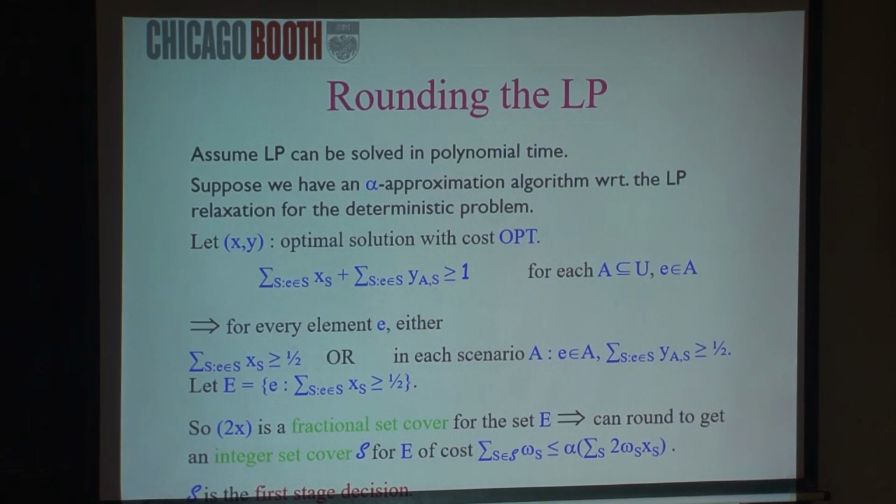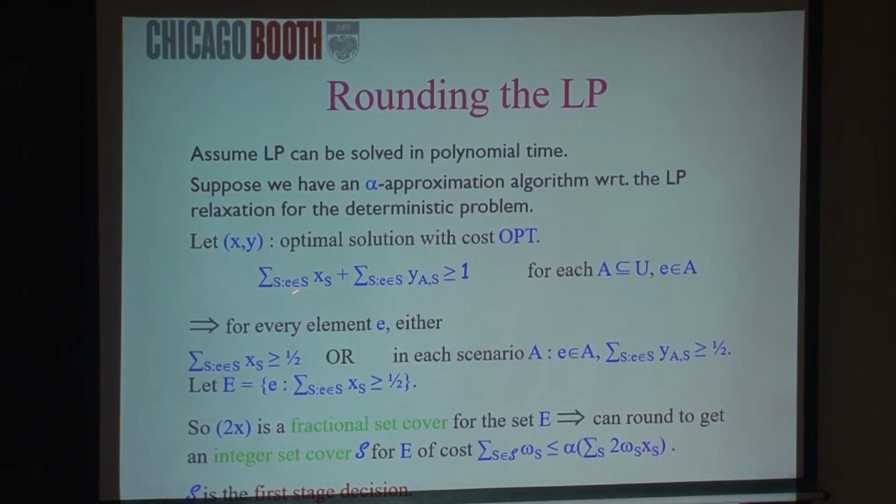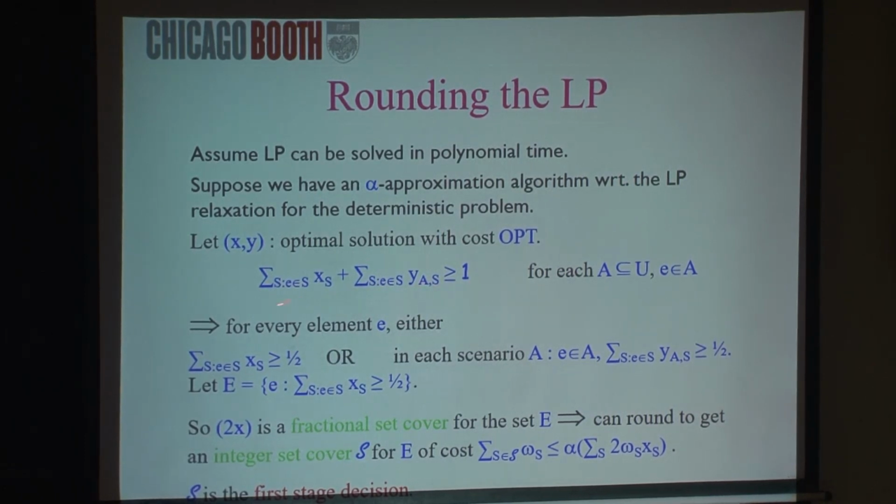So the result is that, because I know this optimal solution has to cover all of these sets, and this part of the optimal solution is at least a half, I can solve the fractional set cover problem and then double that and cover all of the points.